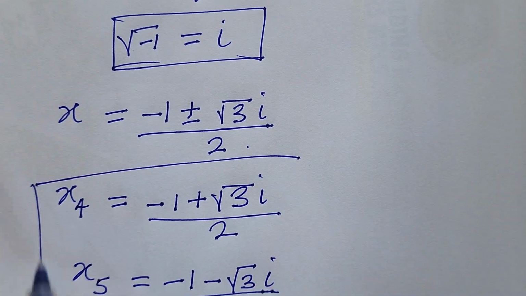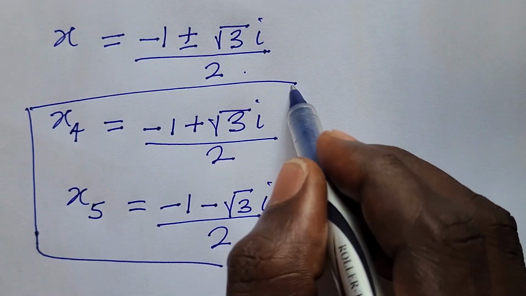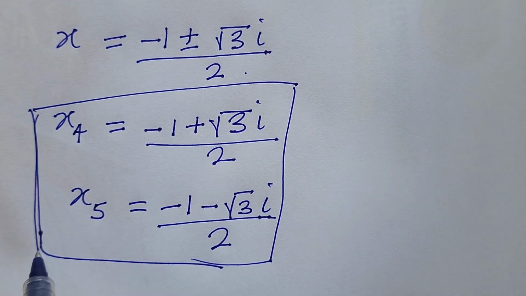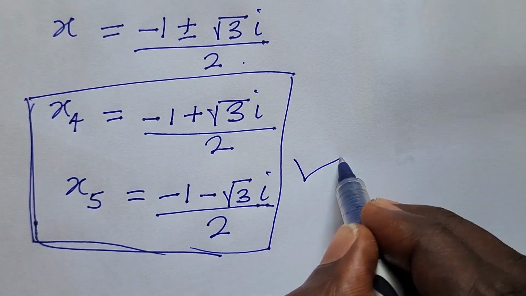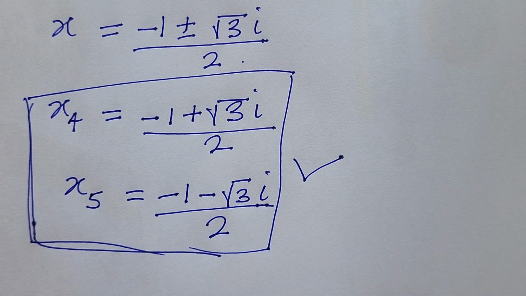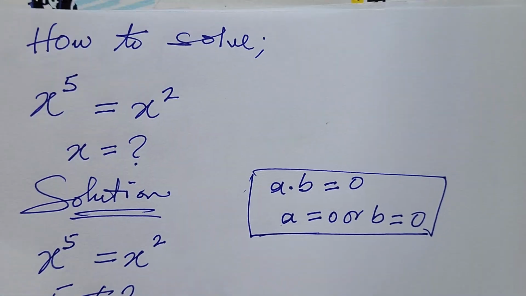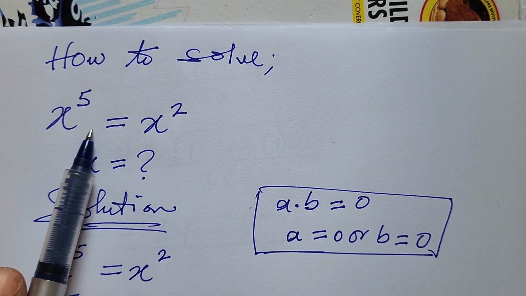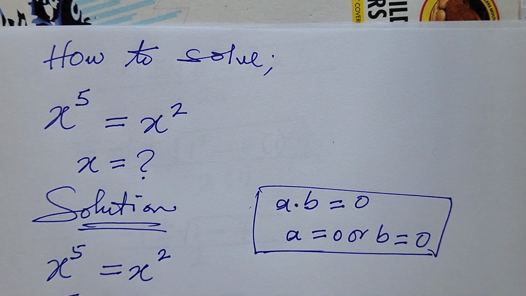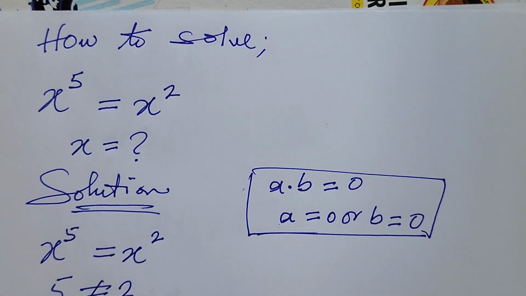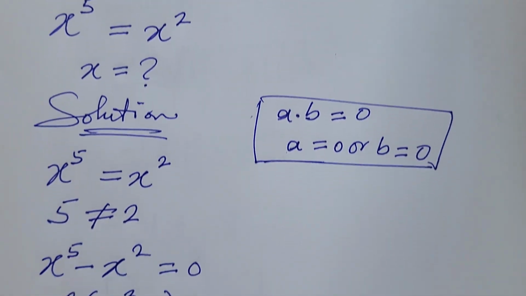Okay, so you discover that we successfully solve for all 5 roots to the exponential equation, which is x to the power of 5 equal to x to the power of 2. So this marks the end to this simple challenge here.